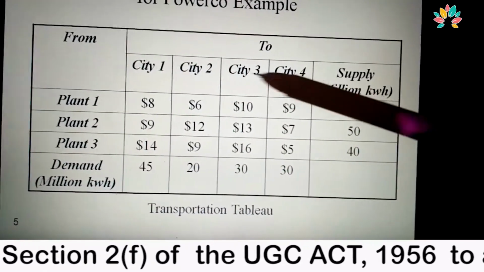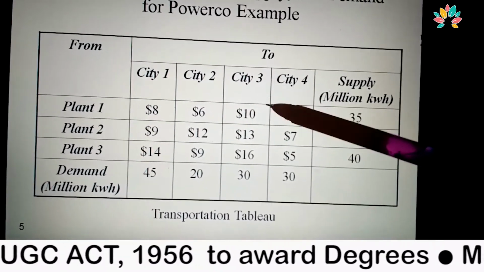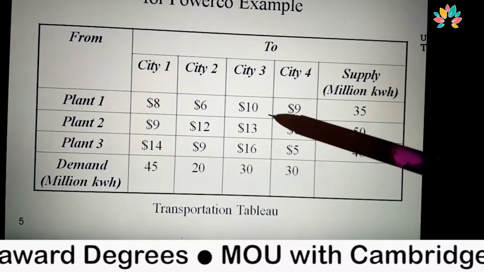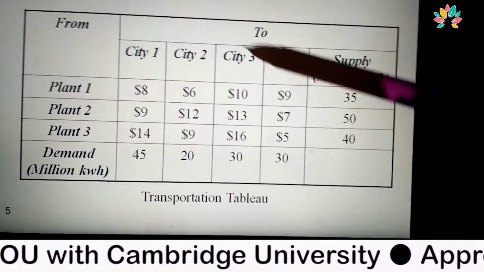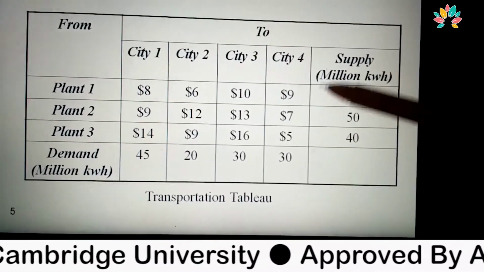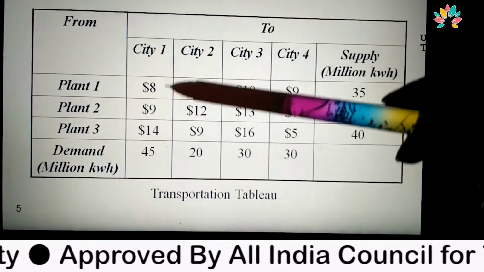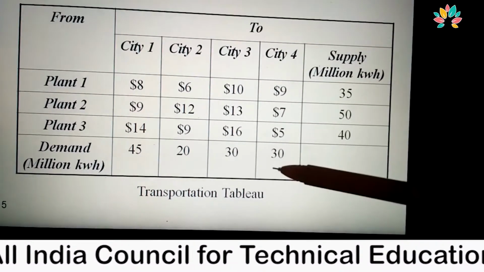In the columns, city 1, city 2, city 3 and city 4. There are 4 points where the demands originate from the cities, right? Here you write down the demand for city 1, city 2, city 3 and city 4.